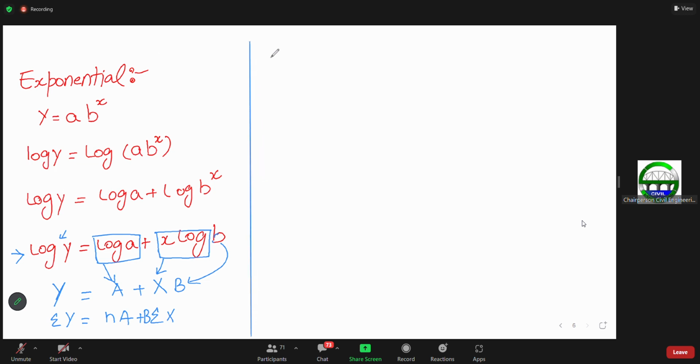Okay, and then I can write it as sigma y into x is equal to sigma x, this will be a n plus b sigma x squared, right? I can write it in this way.